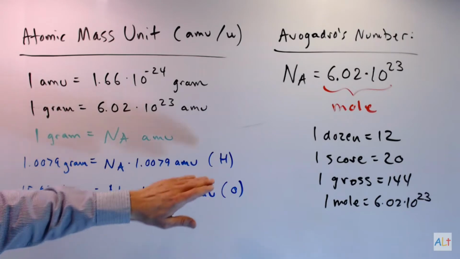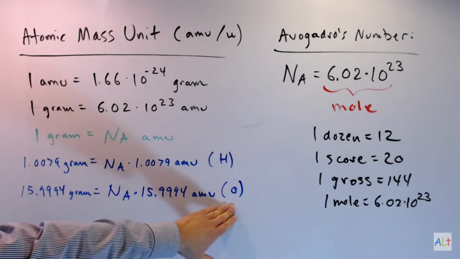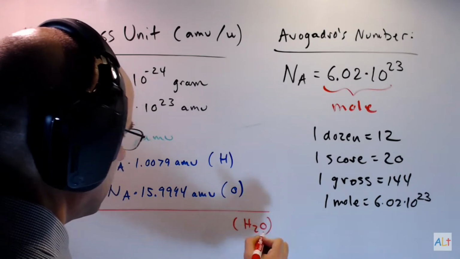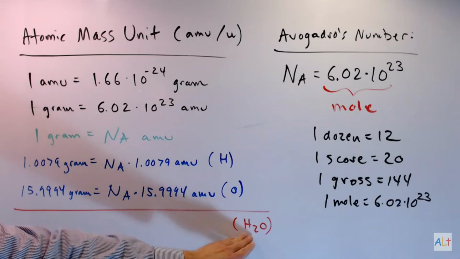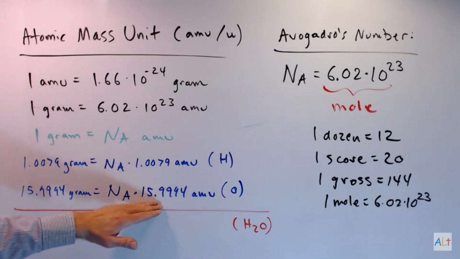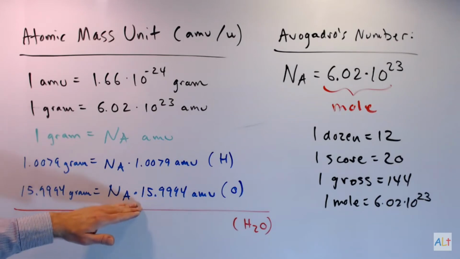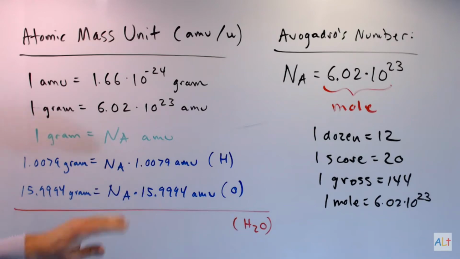Now suppose we would like to put together some hydrogen atoms and oxygen atoms to make water molecules. We know that for every 1 oxygen atom, we need 2 hydrogen atoms. If we've got 1 mole of oxygen right here, we're going to need 2 moles of hydrogen right up here.